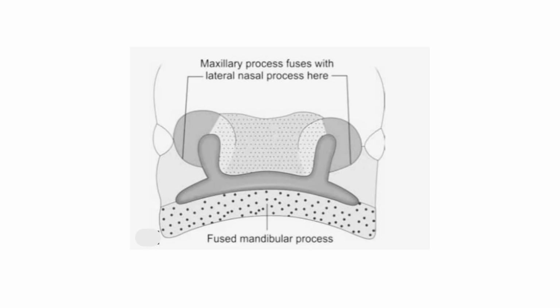First of all, they are cut off from the stomodeum after the maxillary process has fused with the lateral nasal process. Second, because the lateral nasal processes have started to come close to each other, the frontonasal process has started to become narrow, because of which the external nasal pits come together.